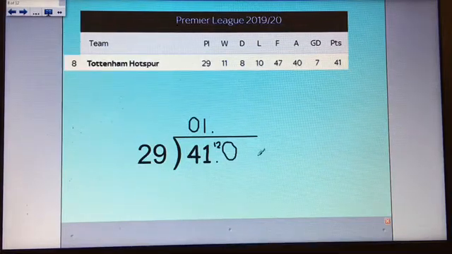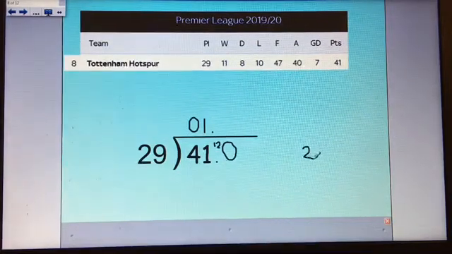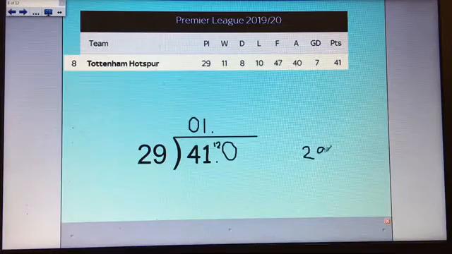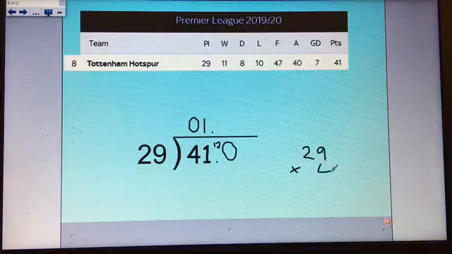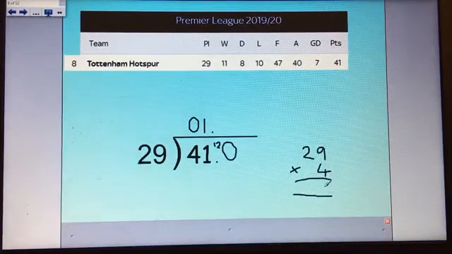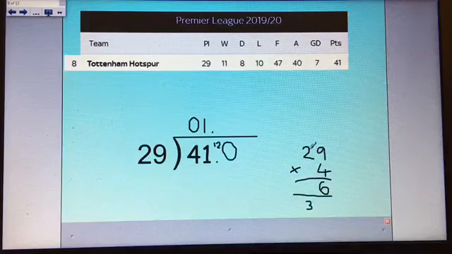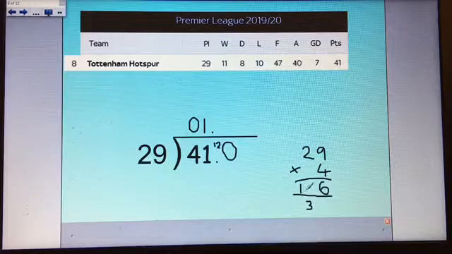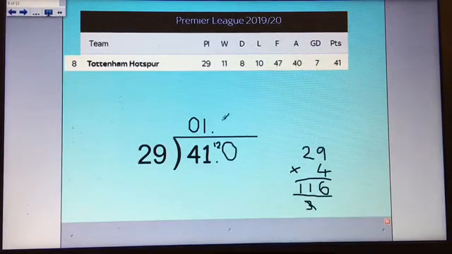Pretty sure it's going to go in 4, but I'm going to check it by doing a quick multiplication. 29 times 4. 9 times 4 is 36. 6, carry the 3. 2 times 4 is 8. Add the 3, makes 11. 116. Yep, I was right. It goes in 4 times with how much left over? 4 left over.